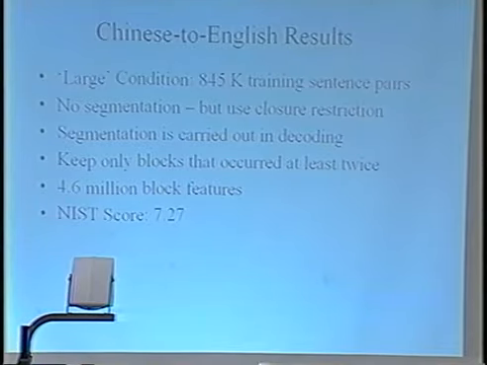So then I have a simple setup: I collect these blocks from the aligned training data, I apply this closure restriction, and then I collect all blocks that occurred at least twice. So it's a very simple selection criterion, and this way I collect 4.6 million block features, and using this unigram probability on the blocks, I obtain a NIST score which is quite close to the best system.